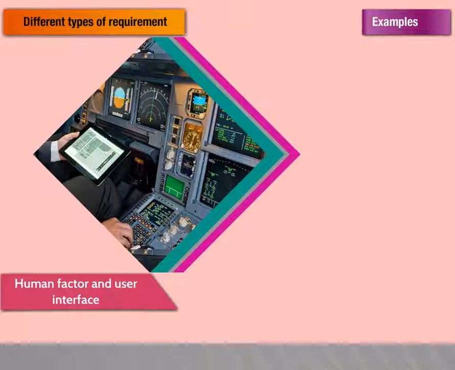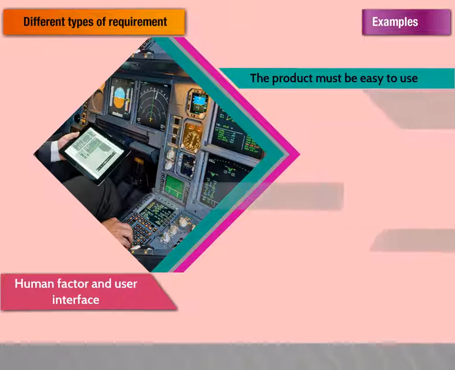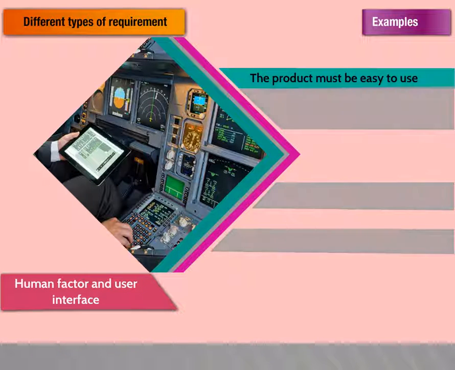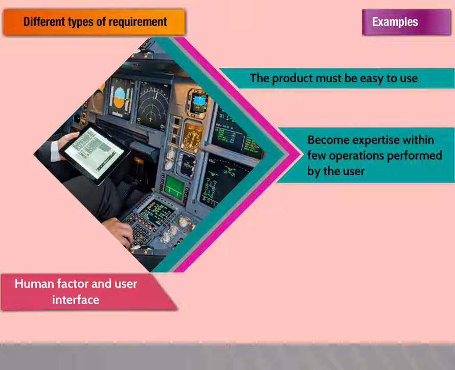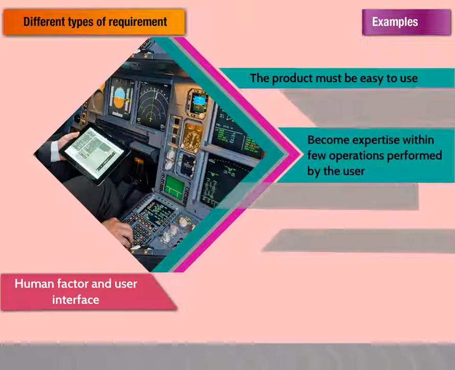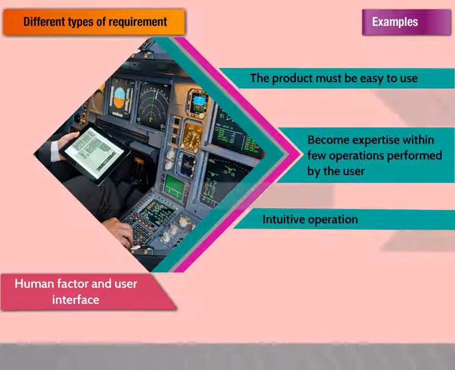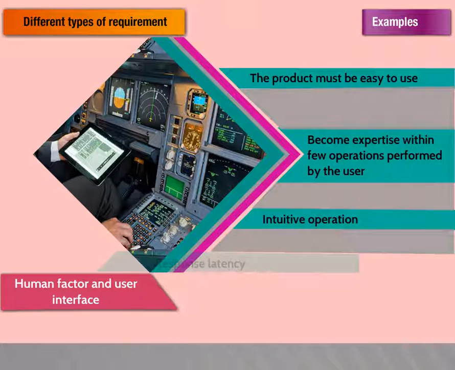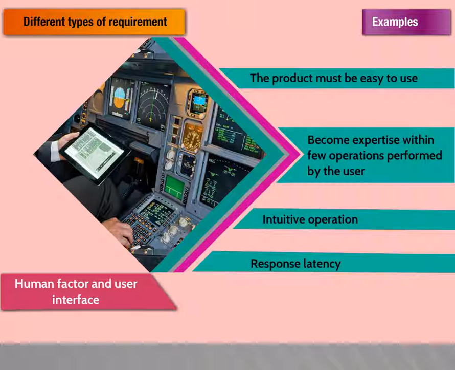Different types of requirement. Examples: human factor and user interface. The product must be easy to use, become expertise within few operations performed by the user, intuitive operation, response latency.